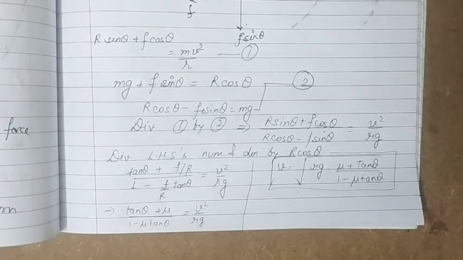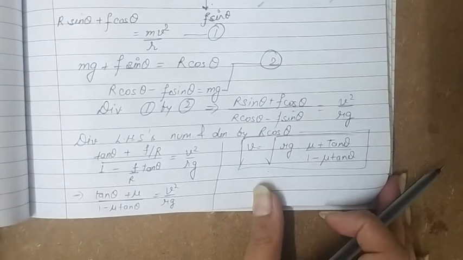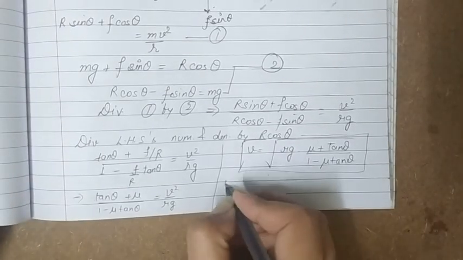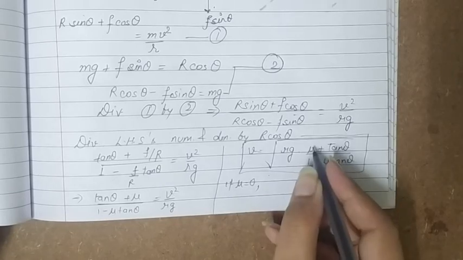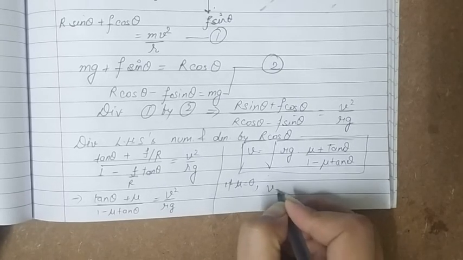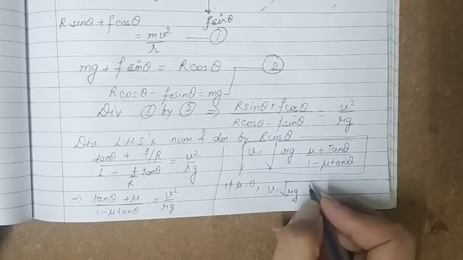Now if the road is smooth or there is no friction between the road and the tires, in that case the coefficient of friction mu will be 0. In that case the value of v, or the safest limit, will be under root rg tan theta.